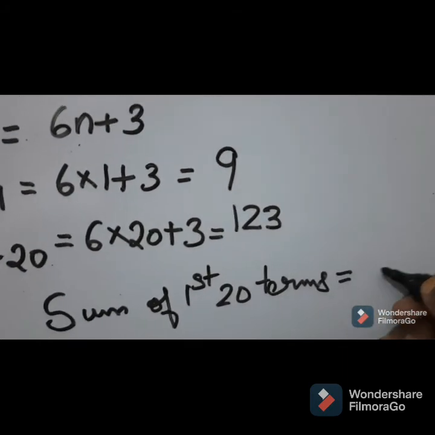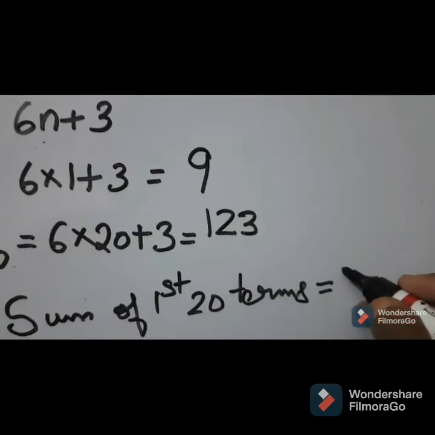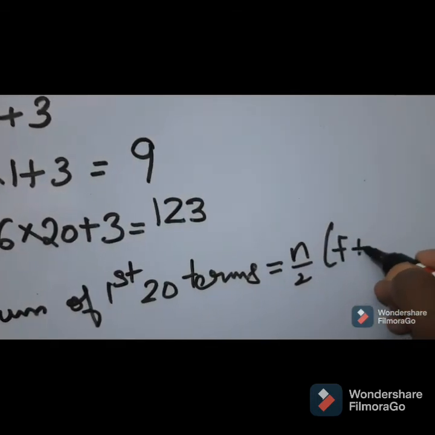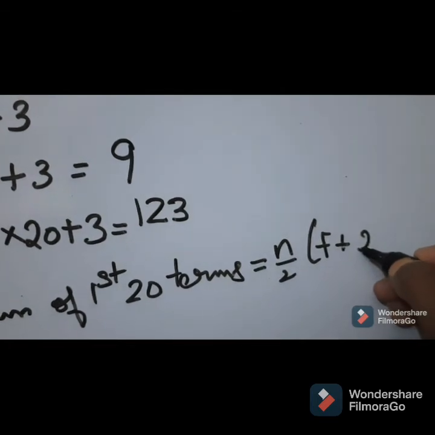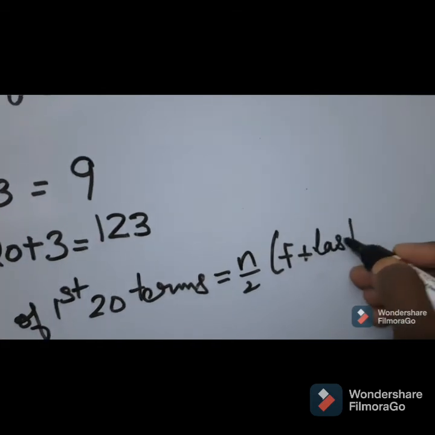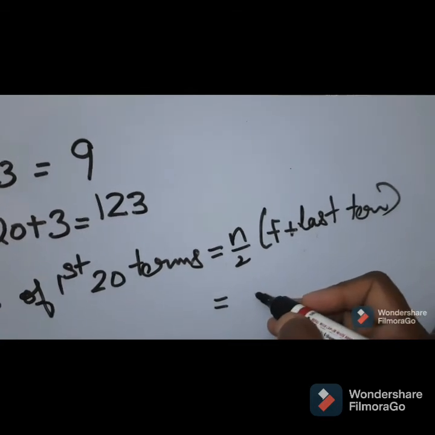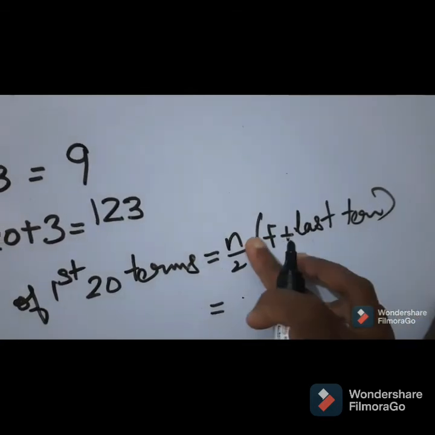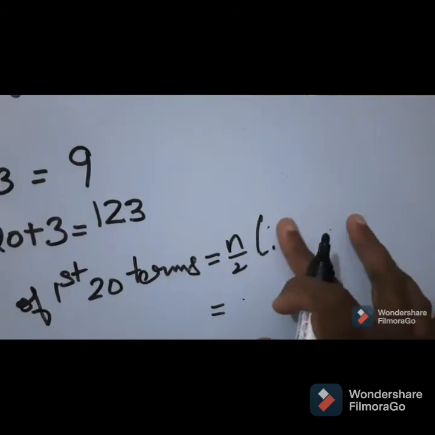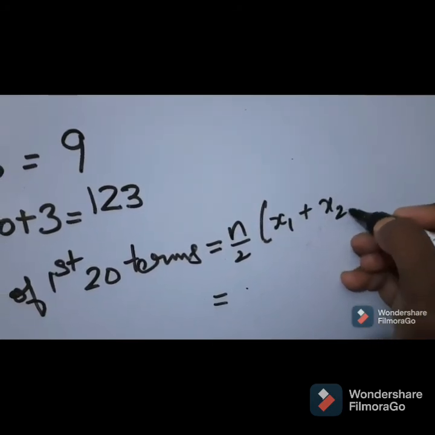That is equal to n by 2. What is n? N is 20. N by 2 into first term plus last term, 20th term. We can write this as x1 plus x20.